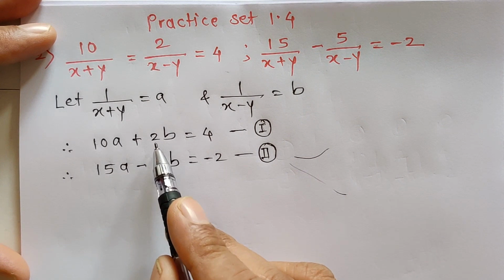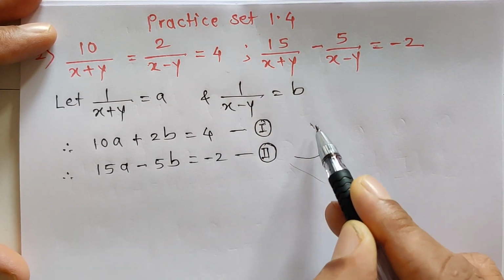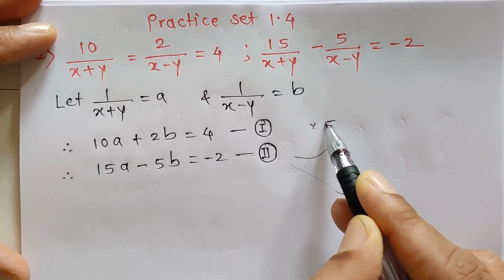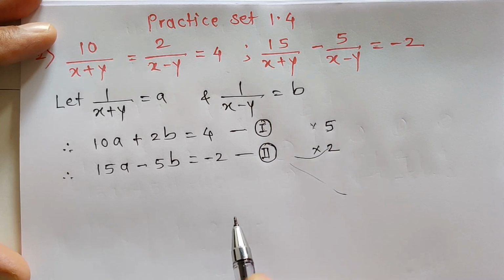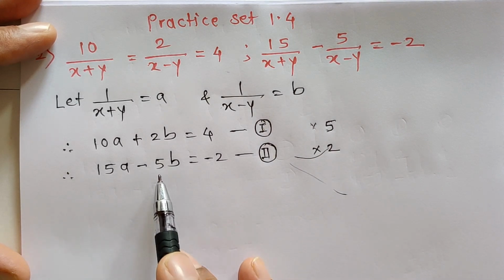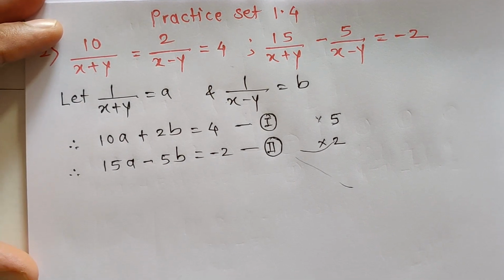If we multiply this equation 1 by 5 and if we multiply this equation 2 by 2, we get 5 2s are 10 and 2 5s are 10. So the coefficient of b becomes equal.